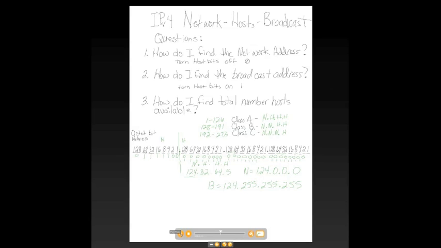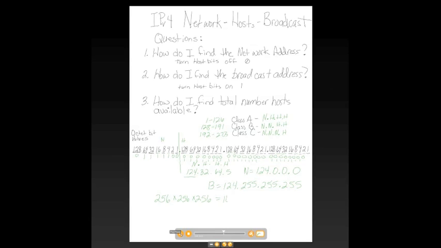To find out the total number of hosts available, we know that each octet has a total number of 256. So if we take the 3 octets of host, which is 256 times 256 times 256, that gives us the total number of host numbers.